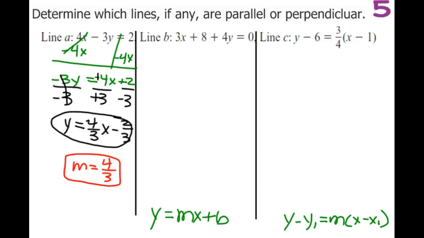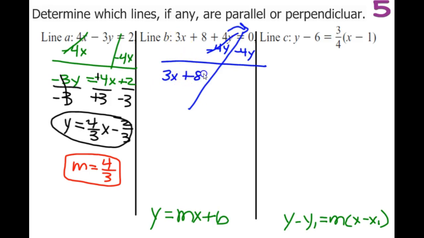Let's find our slopes in our other two equations. This one is not solved for y, but instead of moving everything over, I'm just going to move the y over to the other side, because we just need y by itself. We have our x's first, and then negative 4y, because 0 is just 0.